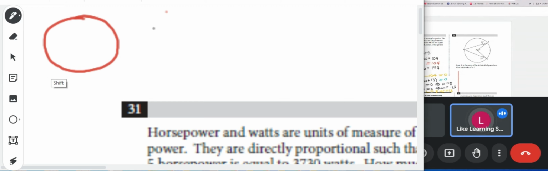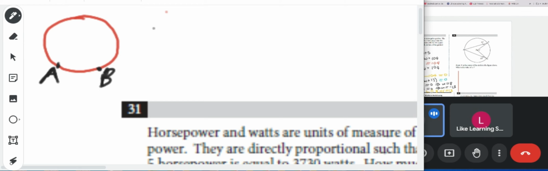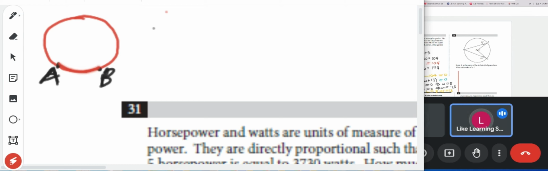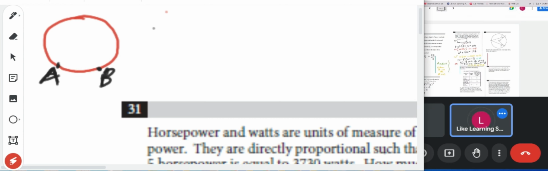Let me just start with this one that is given. If you have A and you have B, what is AB called? Can you see what I drew on the left hand side, top left?